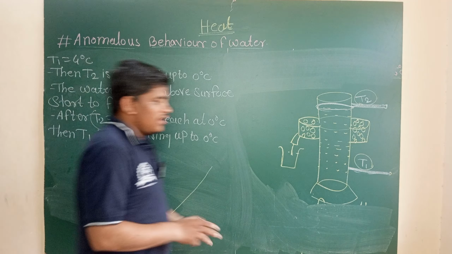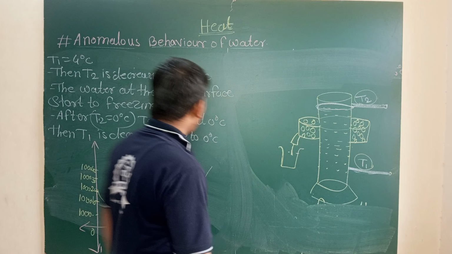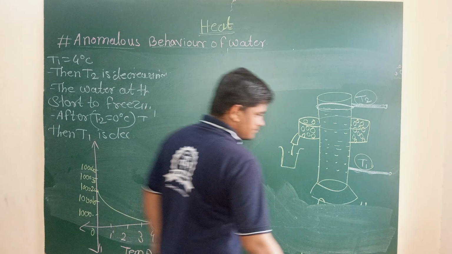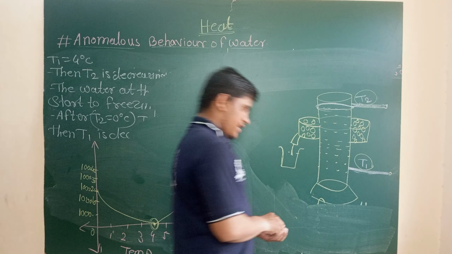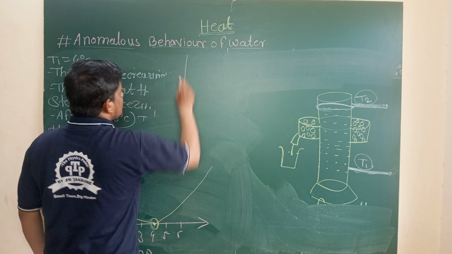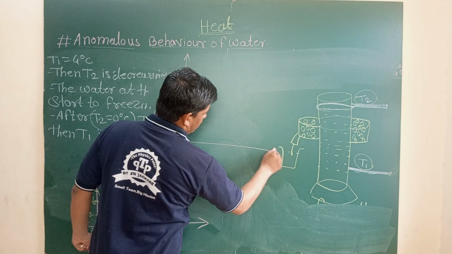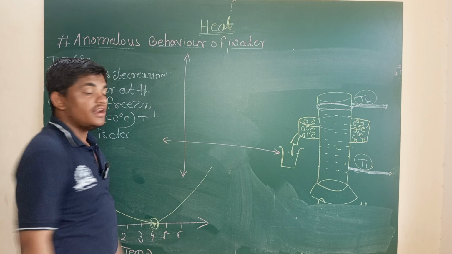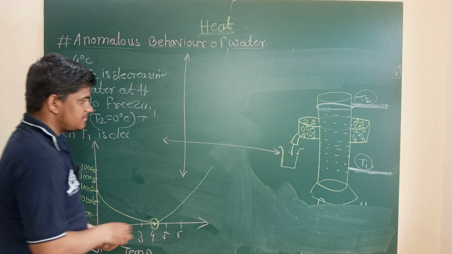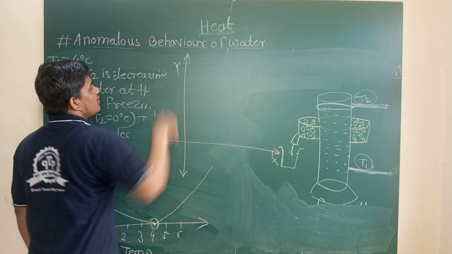The reducing temperatures of T1 and T2 are again shown with the help of a graph of temperature and time. The y-axis shows the temperature of the water inside the Hope cylinder, and the x-axis shows the time.